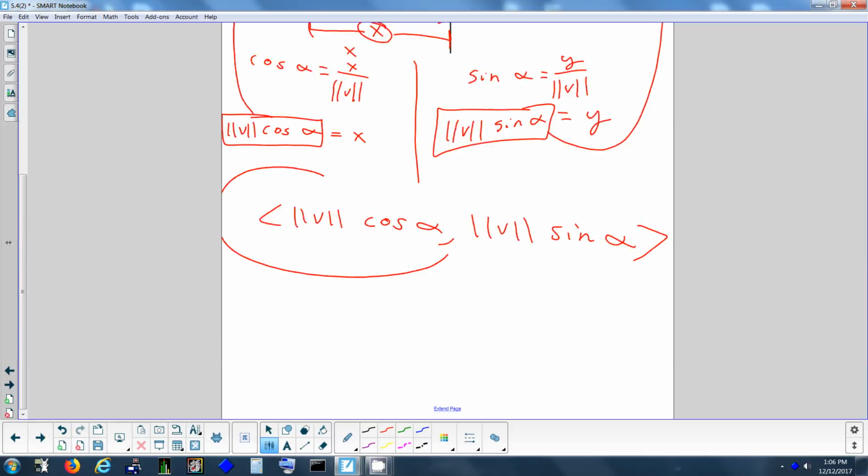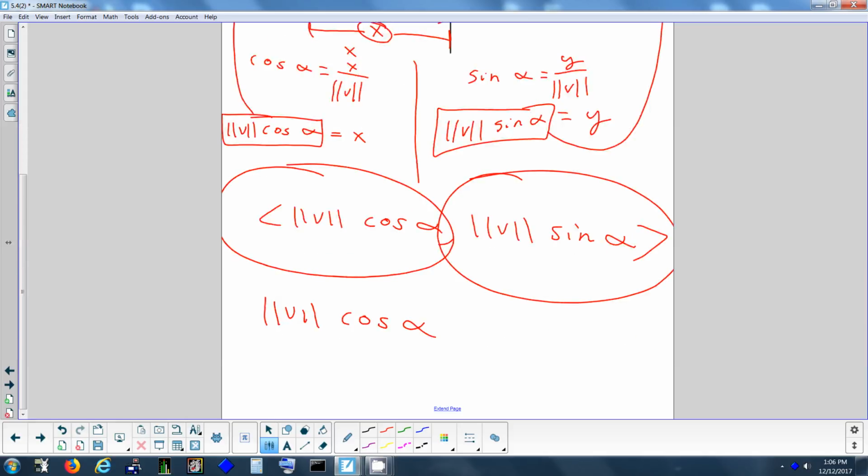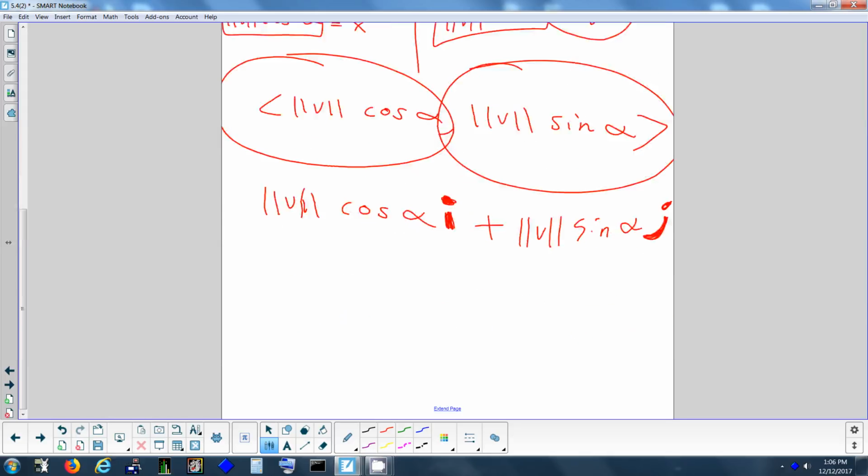Well, the first number is your i, the second number is your j. So magnitude of v, cosine alpha, whatever that number is, that would go in front of the i, plus magnitude of v, sine of alpha. Whatever that number is, that would go in front of your j. Now, if you look at that, what do we have written twice that we could shorten up and only have to write once? The magnitude of v. It's like it's been distributed to each one of them.